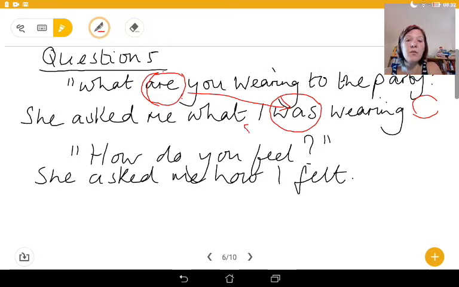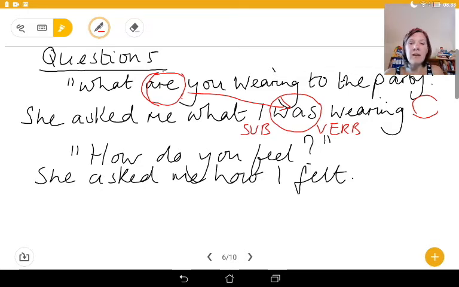So the word order becomes normal. You have the subject and you have the verb, okay? Notice that in the first sentence, you have the question order, verb, subject. What are you wearing? But when we report it, the order becomes a normal affirmative statement, the subject, then the verb.